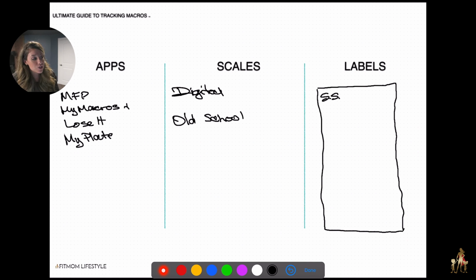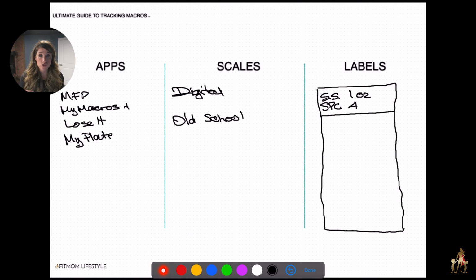Serving size is going to tell you it might be half a cup or let's say 1 ounce is a serving size. Then it's going to tell you servings per container. Might be 4 servings per container. So if you weren't reading the nutrition label and you were just looking at the front, you might mistakenly eat 400 calories thinking it's only 100 calories. So we need to pay attention to the nutrition label.